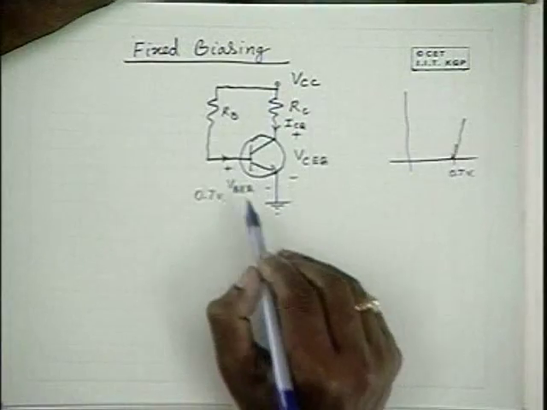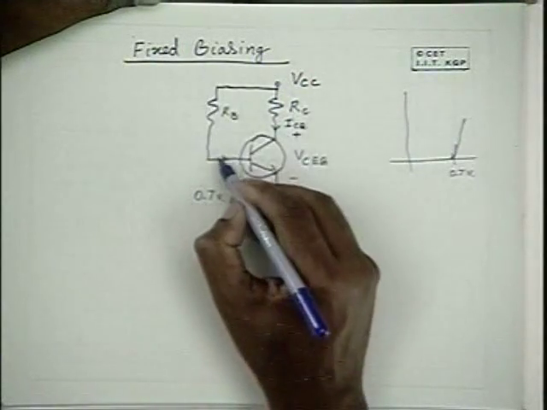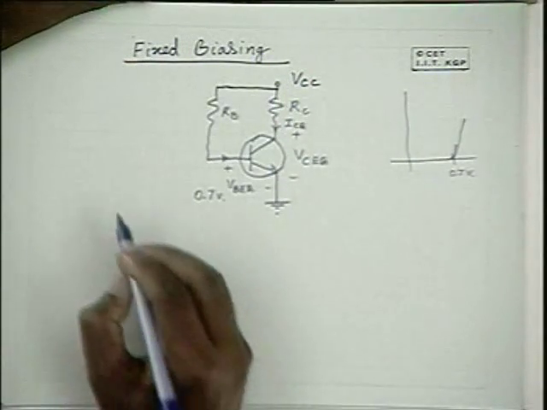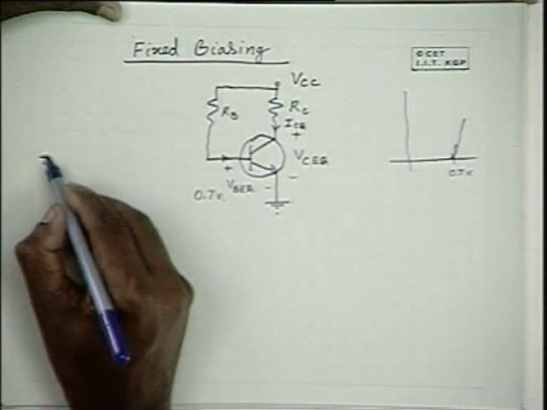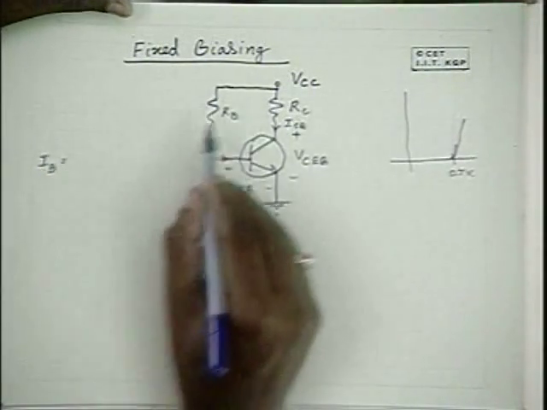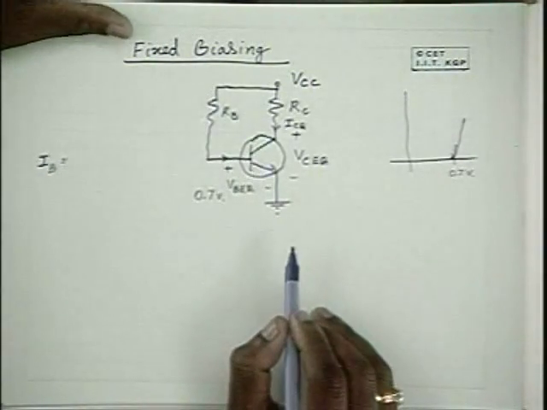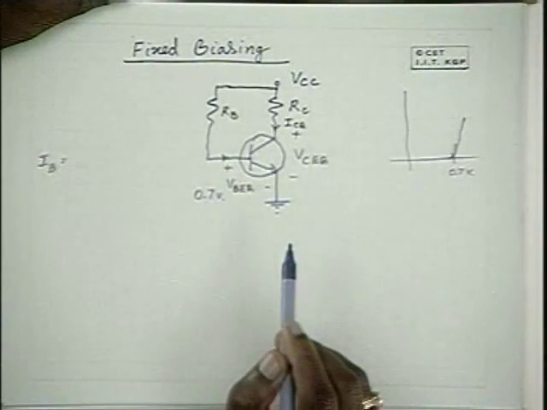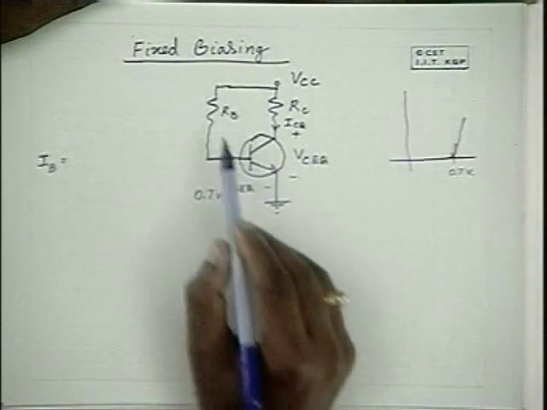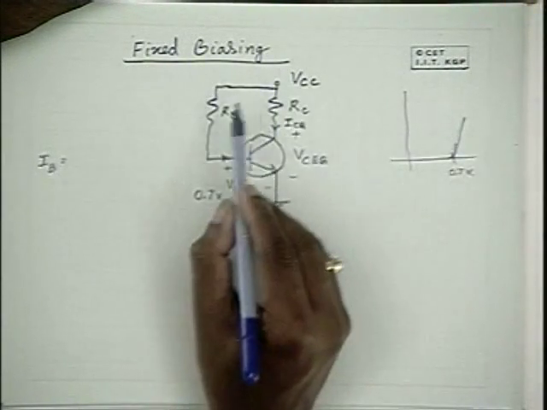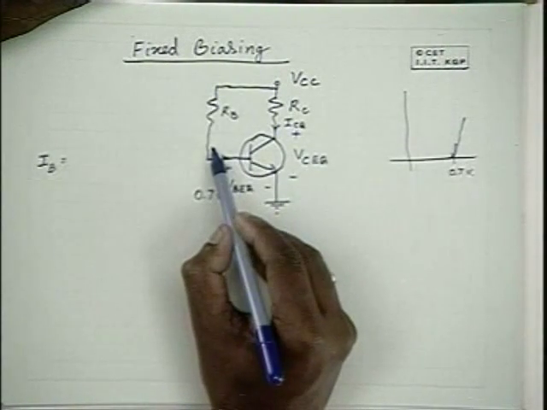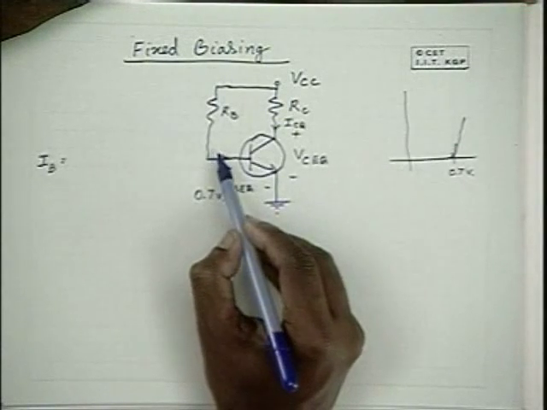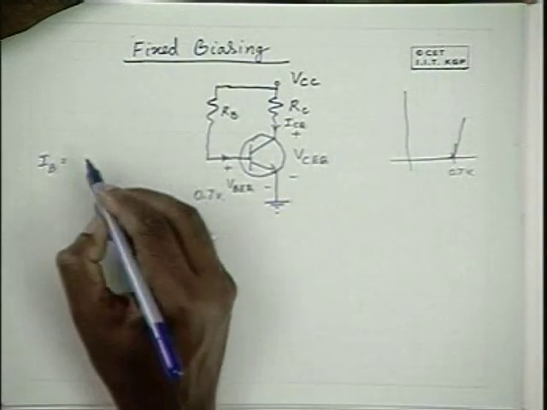So with this as VBE, how much IB flows here? If you apply Kirchhoff's voltage law on this side, VCC is equal to IB into RB plus VBE.